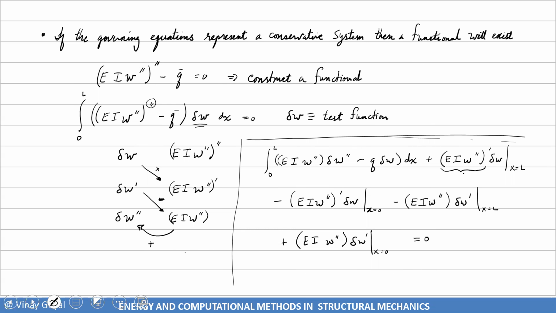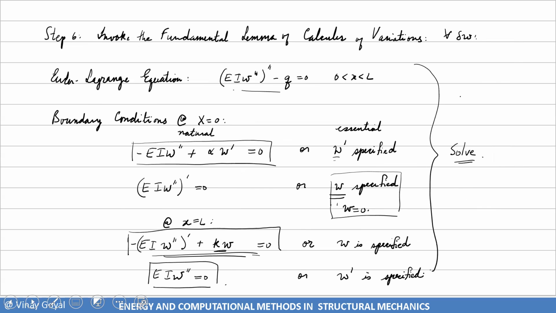So I'll plug it in here, KW. You can see that there. At this boundary, x equals 0, W is specified, so this doesn't show up. At x equals L, for example, this is 0. There's no moment. You can see that from this boundary here.